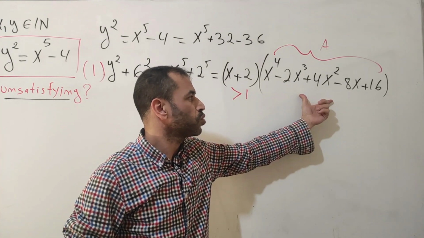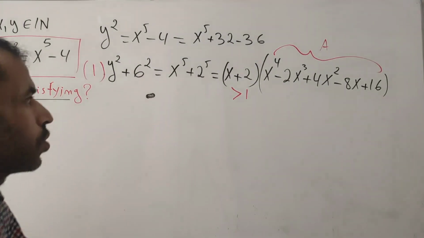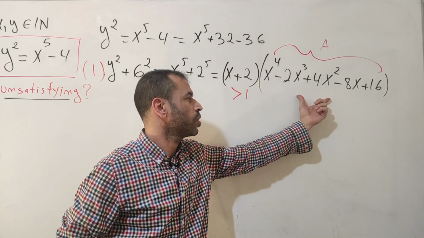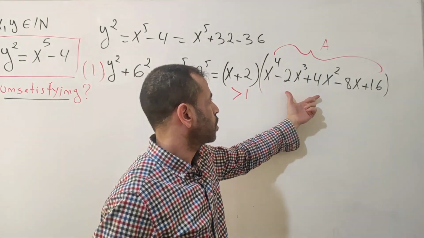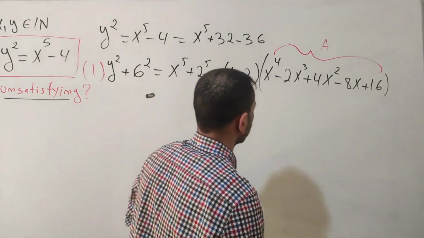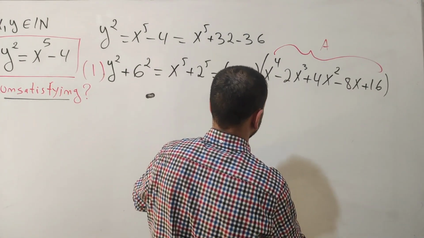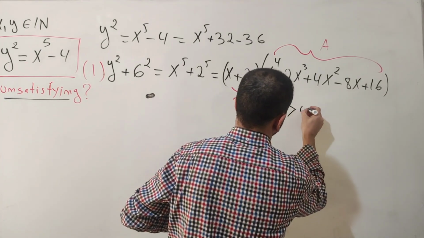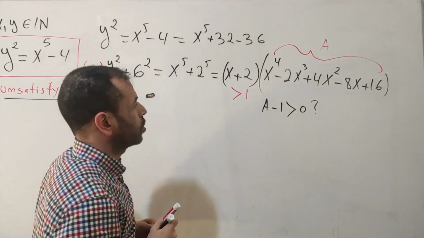Let me prove that this is strictly superior to 1, or equivalently that capital A minus 1 is strictly superior to 0. So I get capital A minus 1 must be strictly superior to 0. Let's put it as a function f of x.